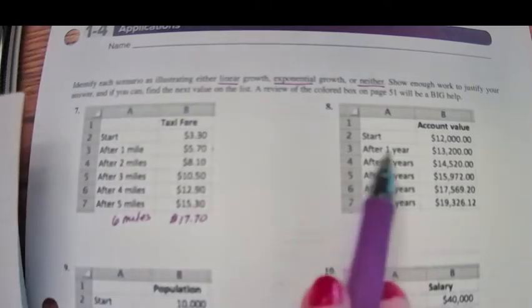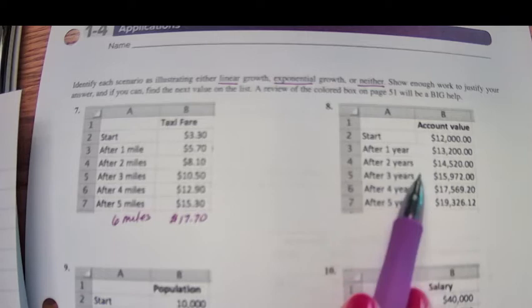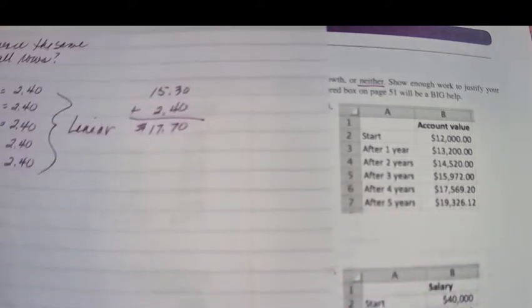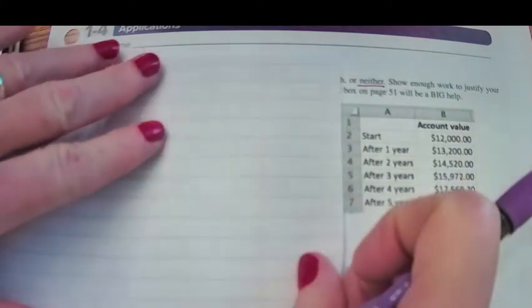All right, let's look at scenario 8. Here's scenario 8, and we have our starting point, and then after 1 year, 2 years, it's going up by year. So first we want to see, is the difference between each row the same? And we start at the bottom.